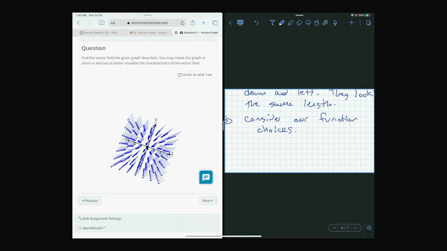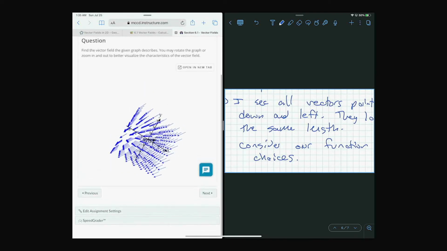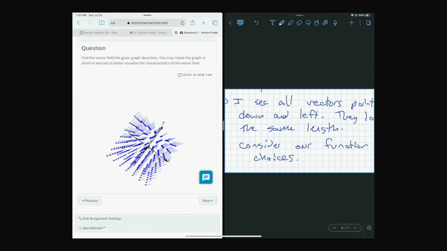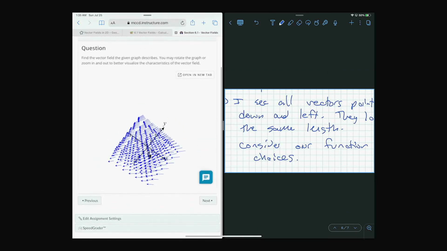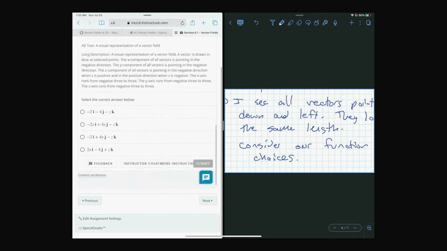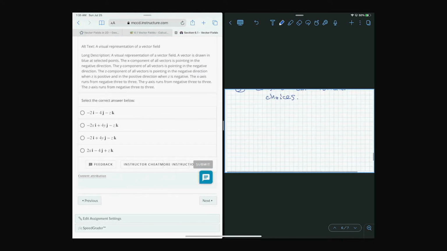So let's consider our function choices. Let's scroll. Well, come on. Okay, there we go. So we've got negative 2, negative 4, negative z.